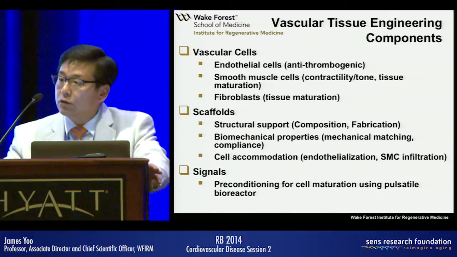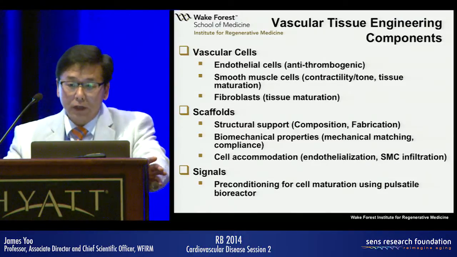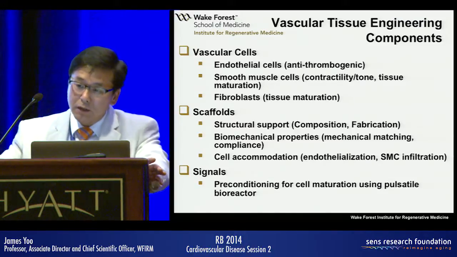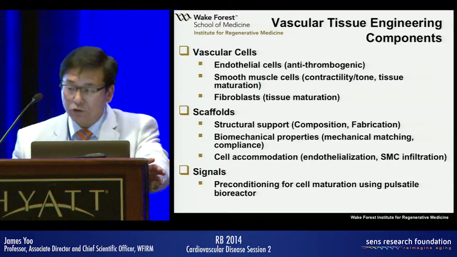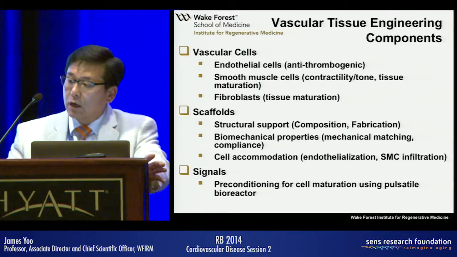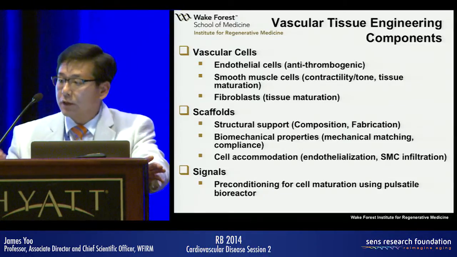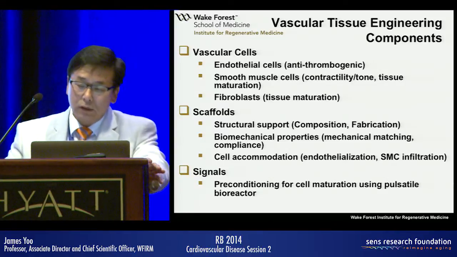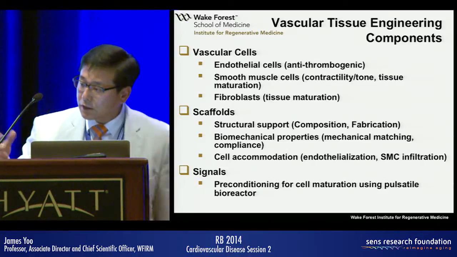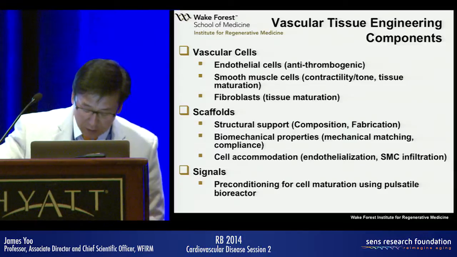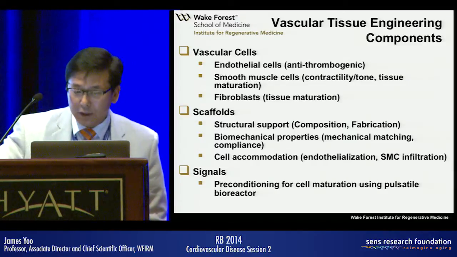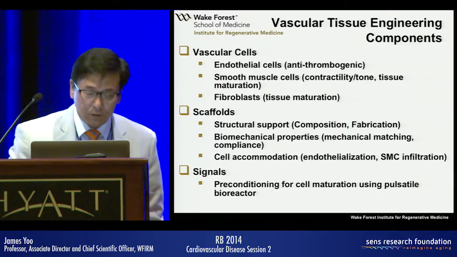Or you can use a synthetic material that you can fabricate into a tubular structure. However, whatever material you use, it's got to be biocompatible, it's got to be safe, and it's got to have physical properties similar to a blood vessel.